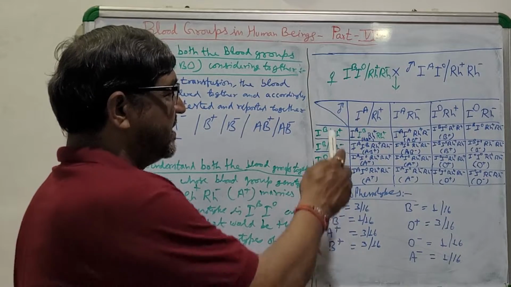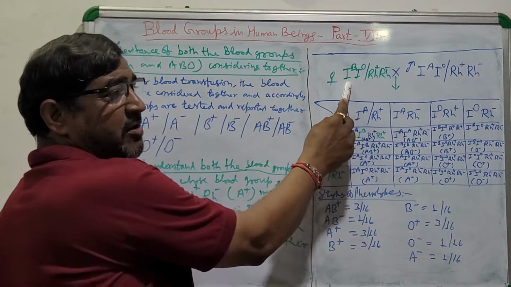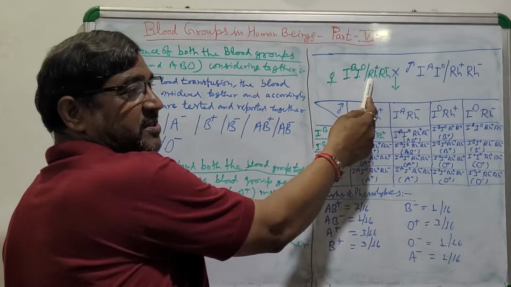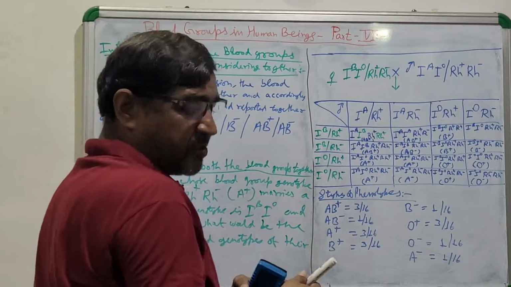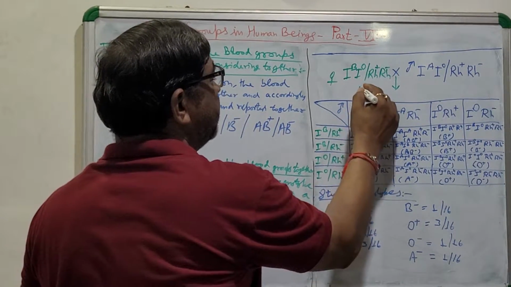Now you see here, the female has B, in heterozygous condition, and RH positive in heterozygous condition. The phenotype is B positive.